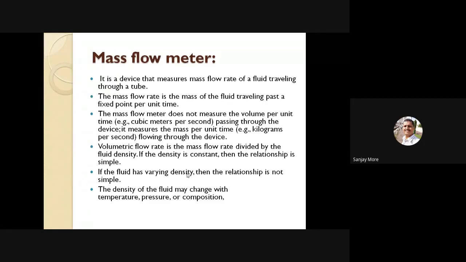Here, mass flow meters are basically used to measure the flow rate of fluid traveling through the tube. Where the fluid is traveling in the tube, there you have to measure the flow rate of this liquid with the help of a mass flow meter.